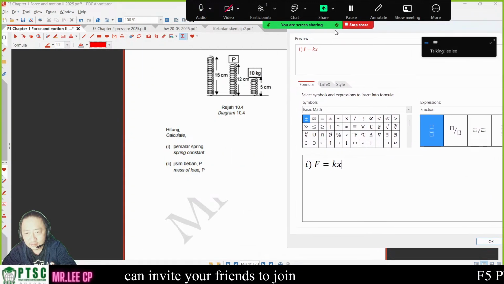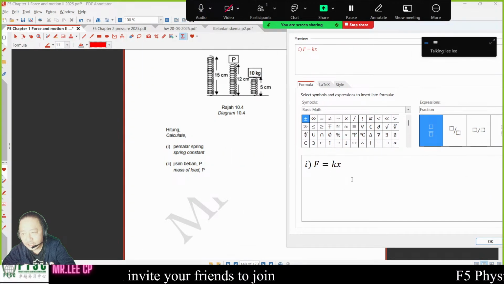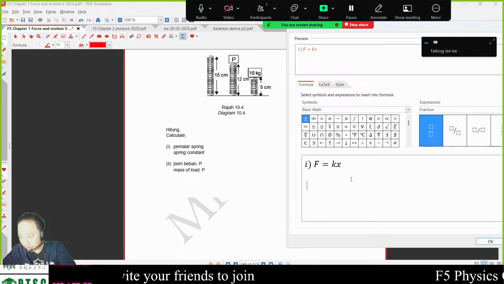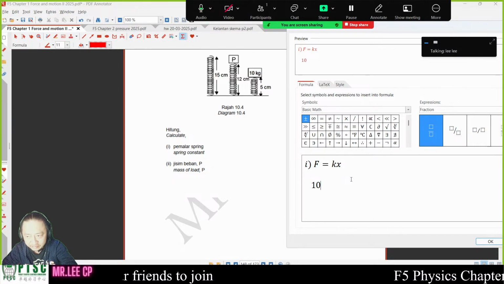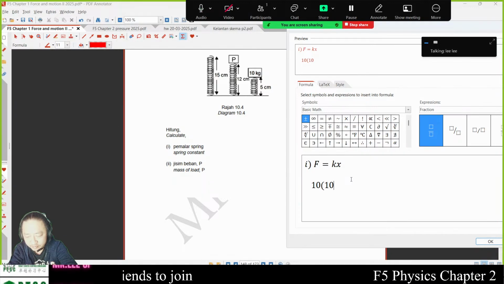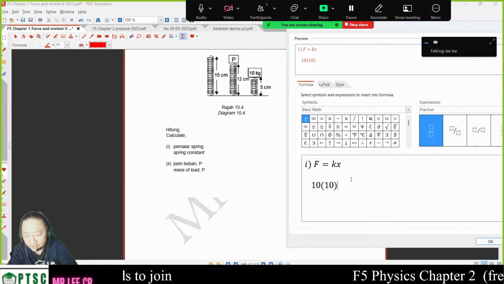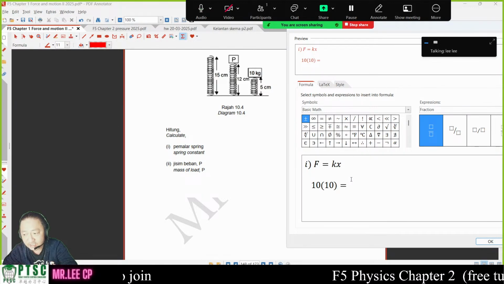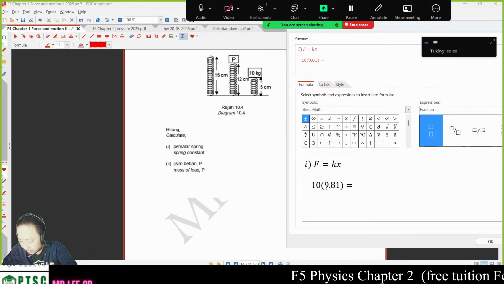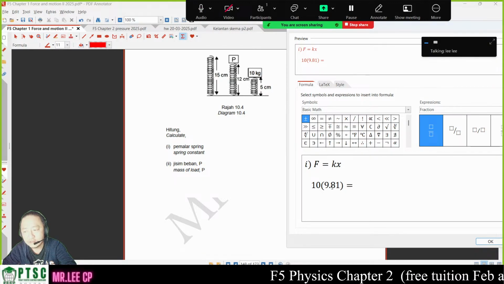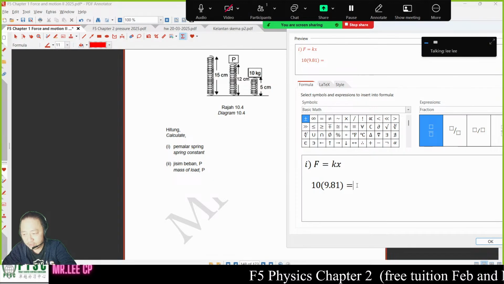F is 10 kg, normally we use gravity as 10, so 10 times 10, mg. If you want to use 9.81, also can.